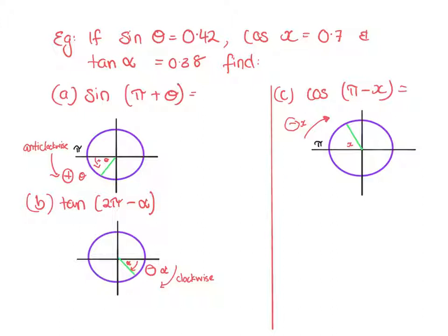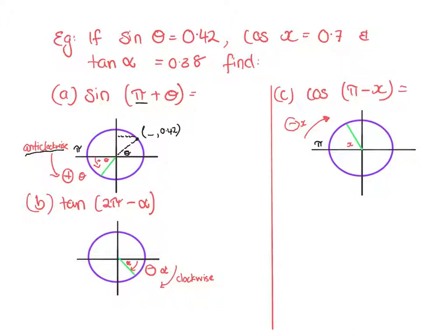On the first one here, we start at pi because they want me to find sine of pi plus theta. So we go pi plus theta. Now, originally, if we'd moved theta up here, they said that the sine value, which we know is the y value, was 0.42.